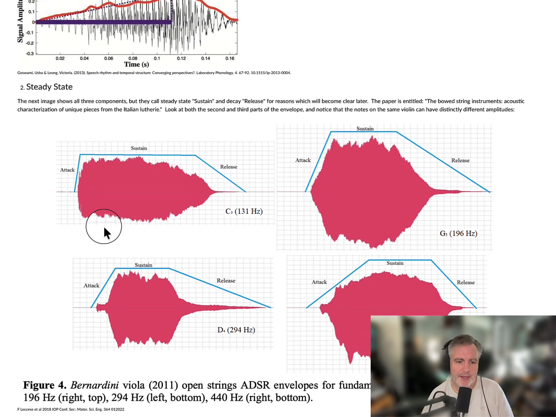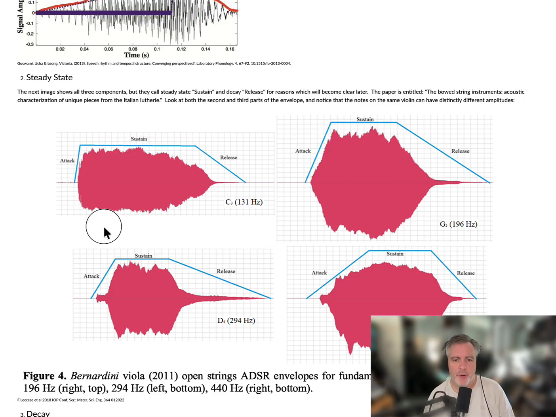Then we have the steady state, or what happens as we hold the sound. So if I go back to the example of the clarinet, as long as I'm blowing, there is a level at which it's kept. Now that again depends on how much breath I'm putting into the clarinet, and I'm not a clarinet player, but basically that is controllable.